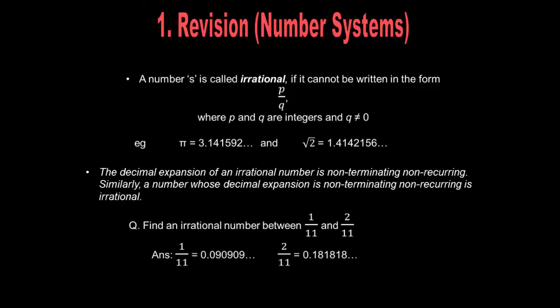As this is the decimal expansion of 1 by 11 and 2 by 11, we have to write an irrational number between these two, and it has to be in the form of decimal expansion because an irrational number cannot be represented as a fraction. So that's why we have taken the decimal expansion of 1 by 11 and 2 by 11, and we write a non-terminating and non-recurring number in between these two decimal expansions.